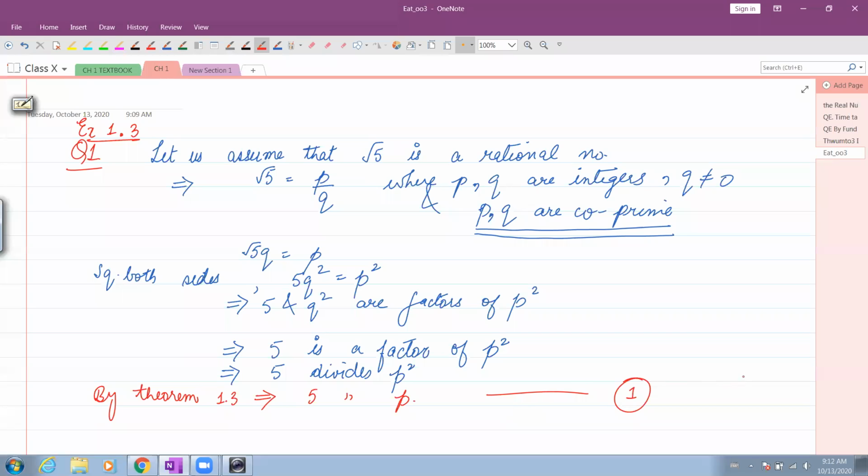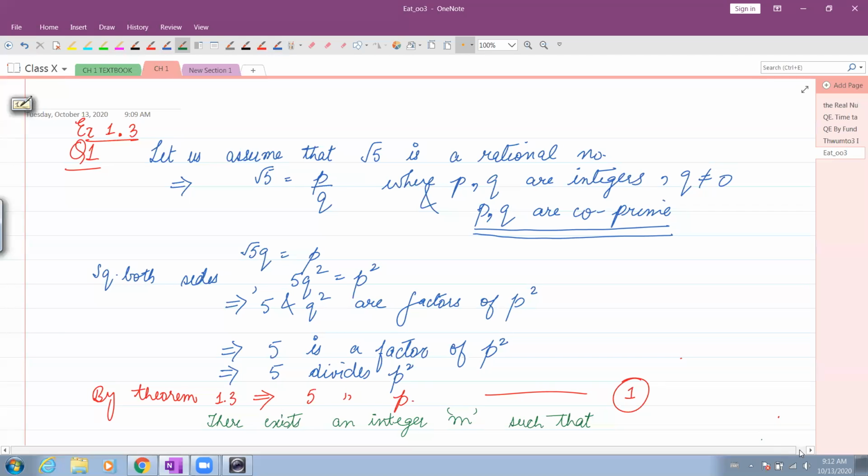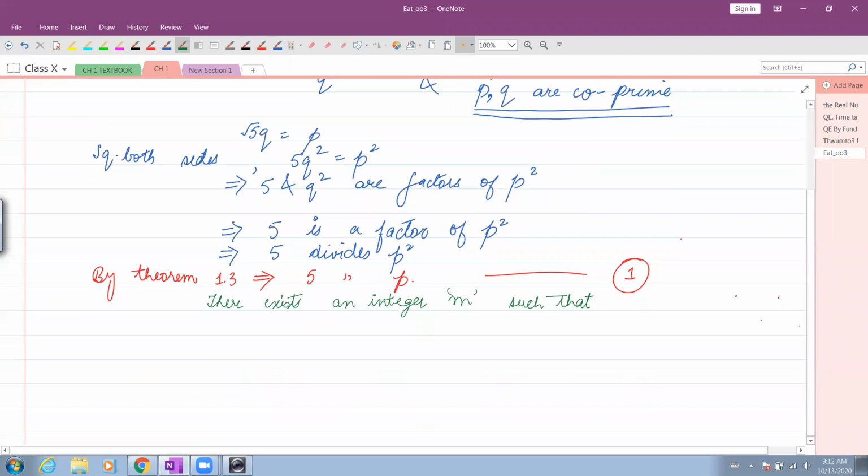And if 5 divides p, that means 5 के टेबल में कहीं पे p मिलता है. कहाँ पे मिलता है? Let us say we find it at a place m. There exists an integer m such that 5 multiplied by m gives you p.